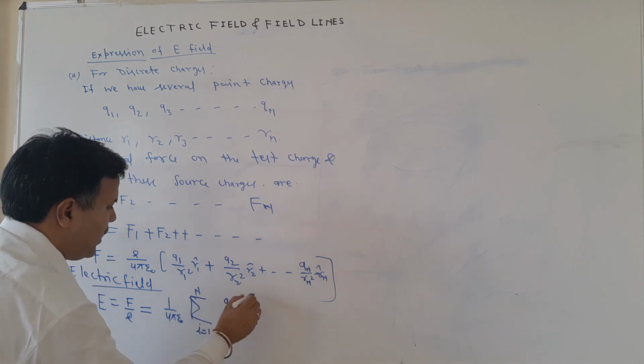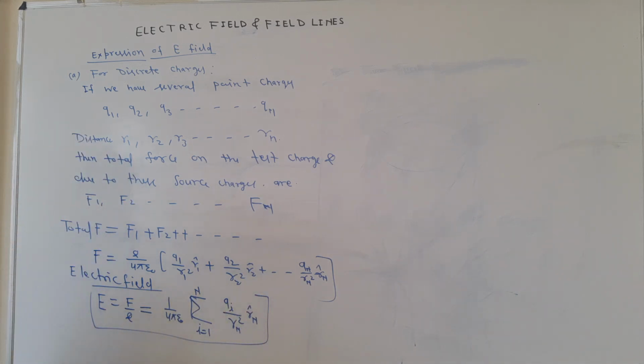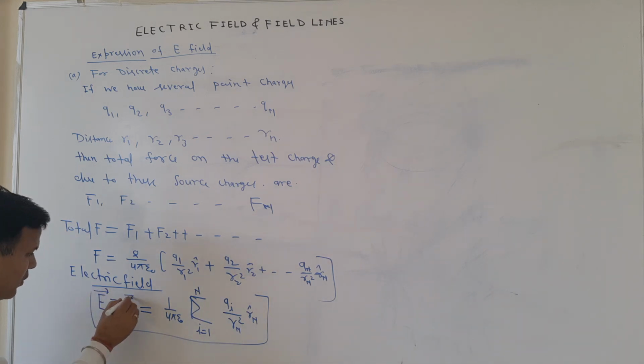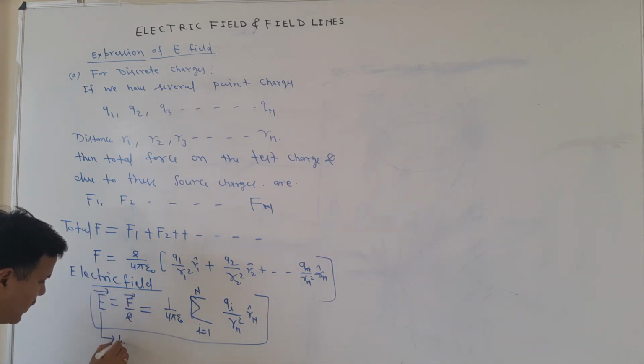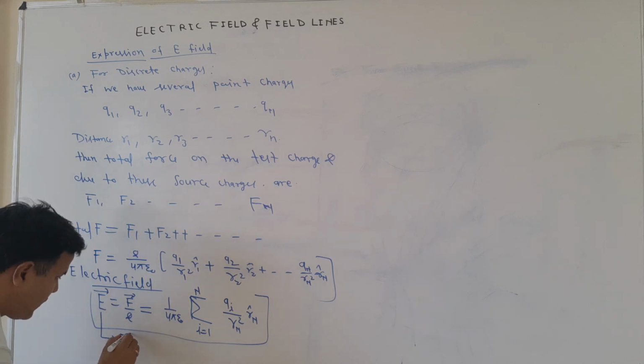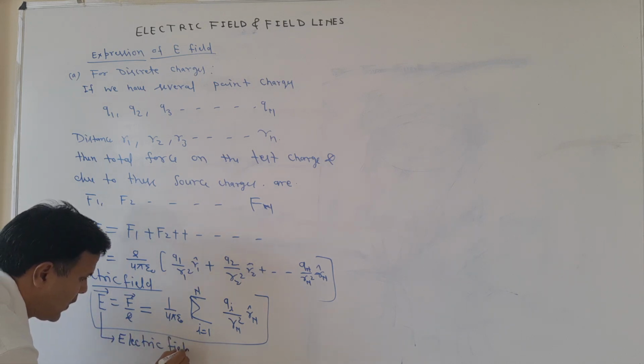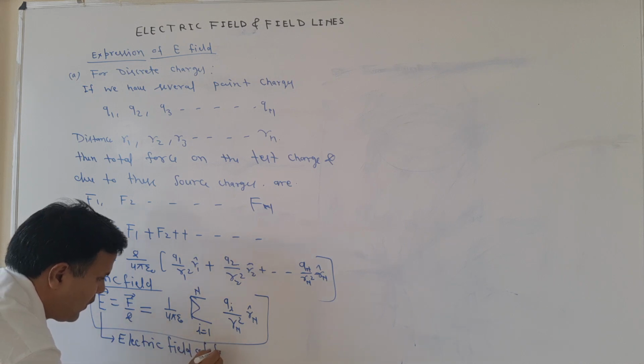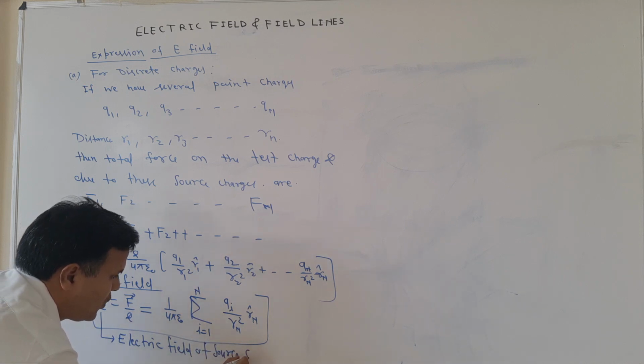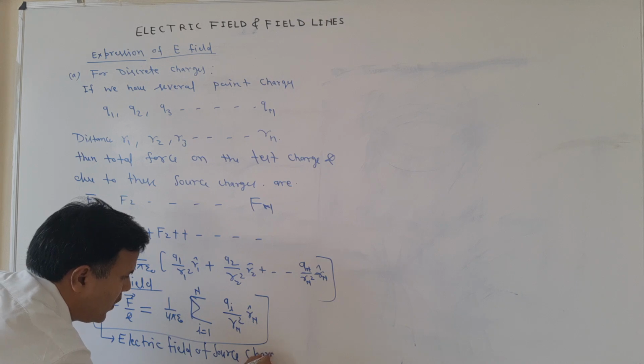So this is the profile of electric field for a discrete charge system. And this E is called the electric field of source charge. Electric field is a vector quantity.